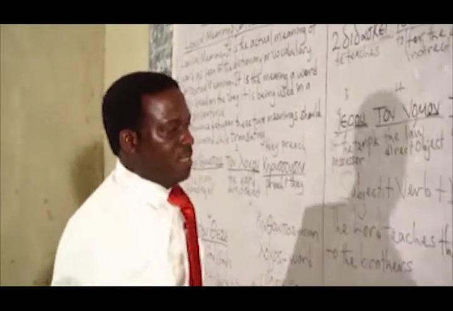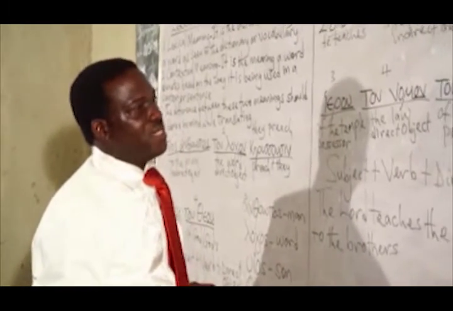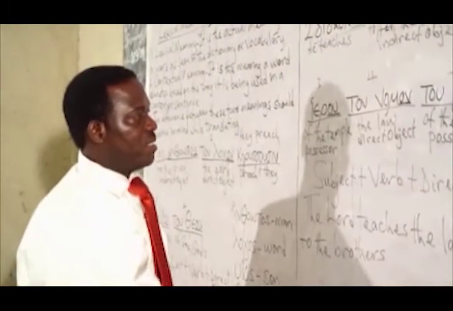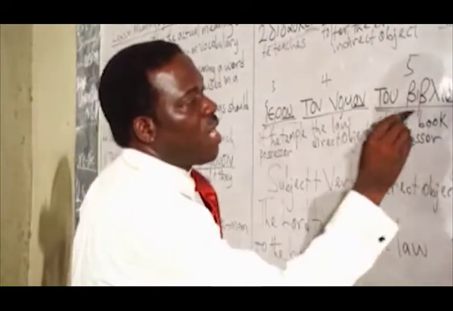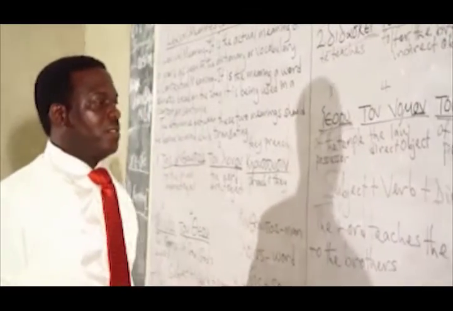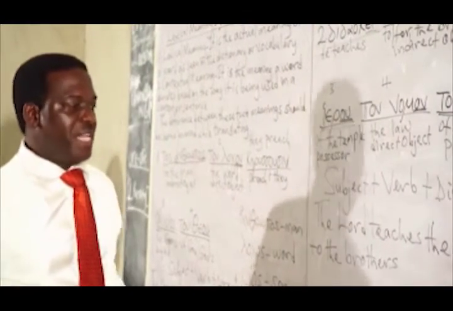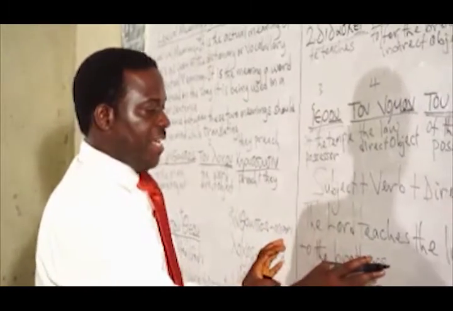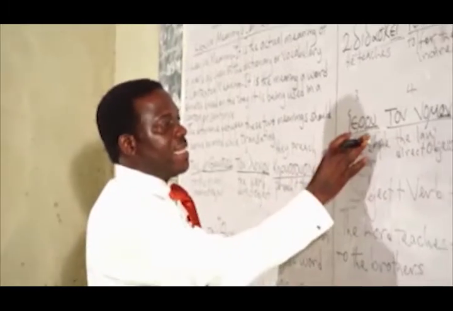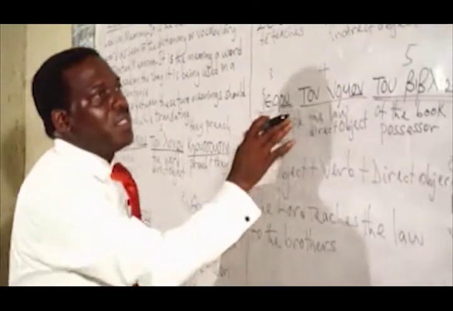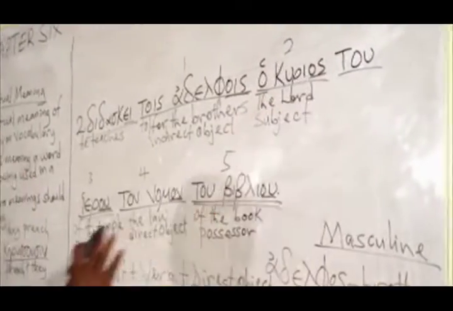Now, we've placed some nouns, but there are some that we've not actually placed. We have two that we've not placed, this one and this one. They are all in the genitive case. Then how do we fix them? Then we look at the sentence. After ho kurios, we have tou hierou.